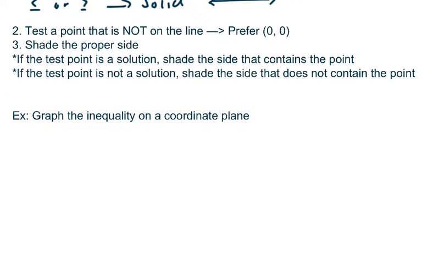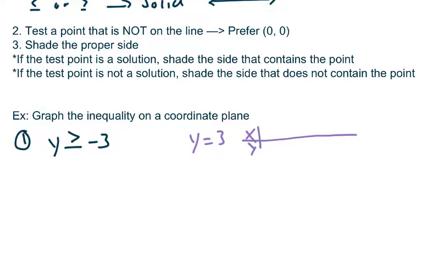Okay, so let's just try a few. Graph the inequality. Number 1, let's go with y is greater than or equal to -3. There's no x here, so if we think about the line y equals -3 and we did an xy table, we can pick whatever x we want because there's no x in our equation.